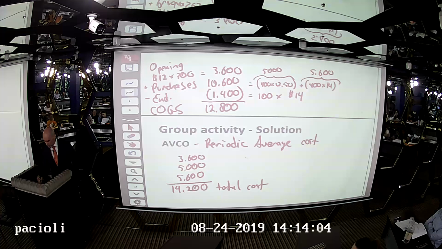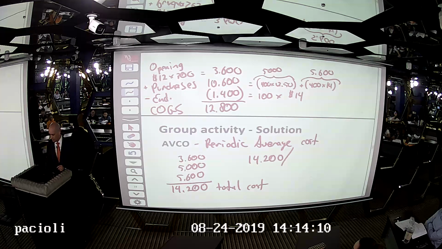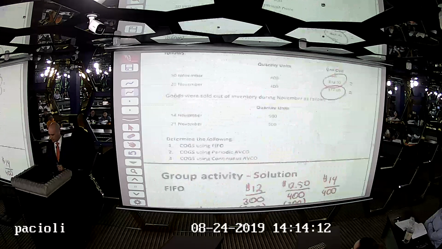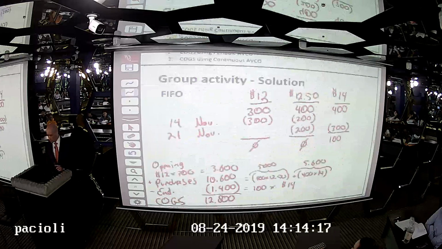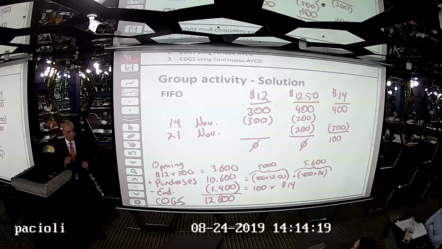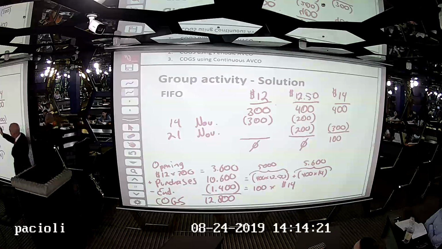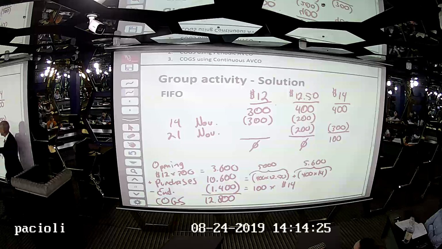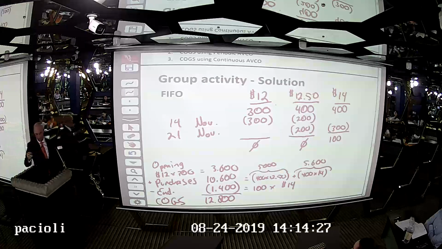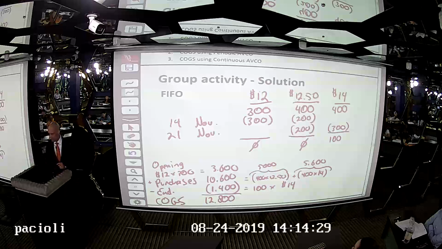So we take the total cost divided by the total number of units. For the opening inventory, we can look here, the units was 300 plus 400 plus 400, so we have 1,100 units.